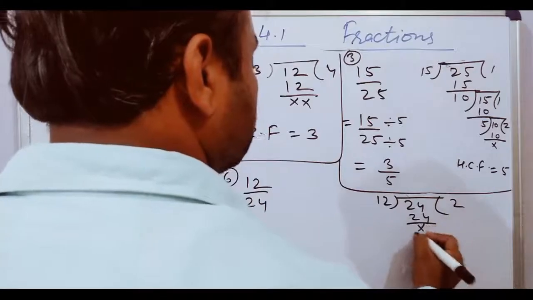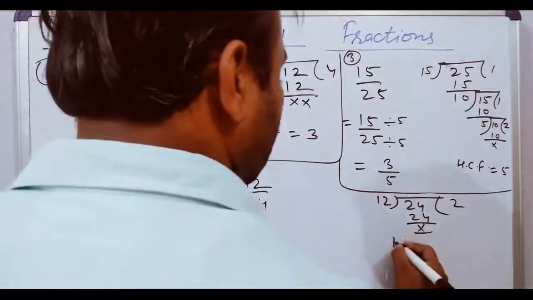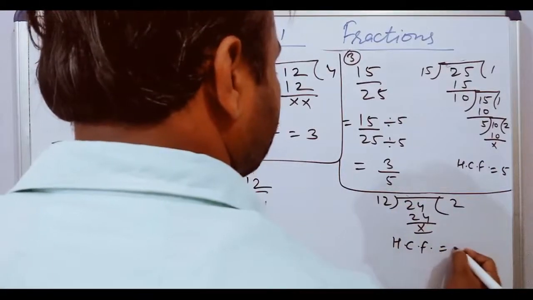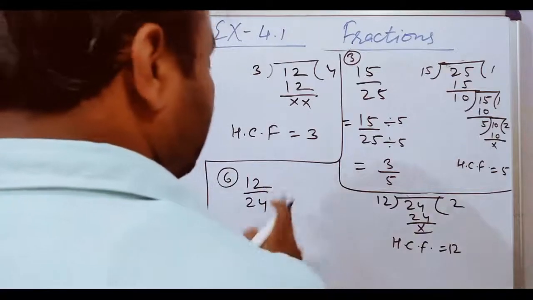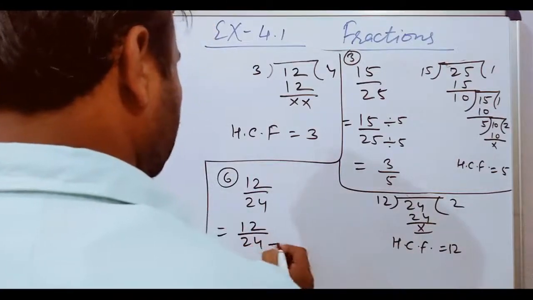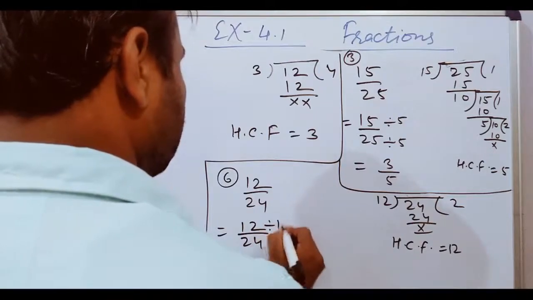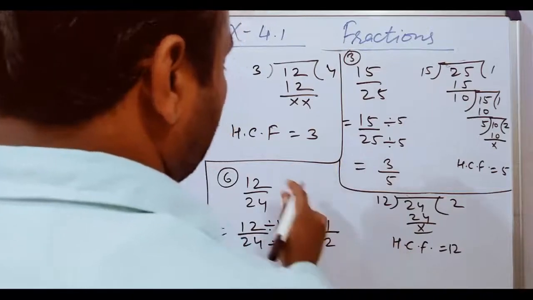It will cancel fully. Then it is the HCF. HCF of 12 and 24 is 12. So by 12 we divide up and down. 12 1s are 12, 12 2s are 24. This is the simplest form.